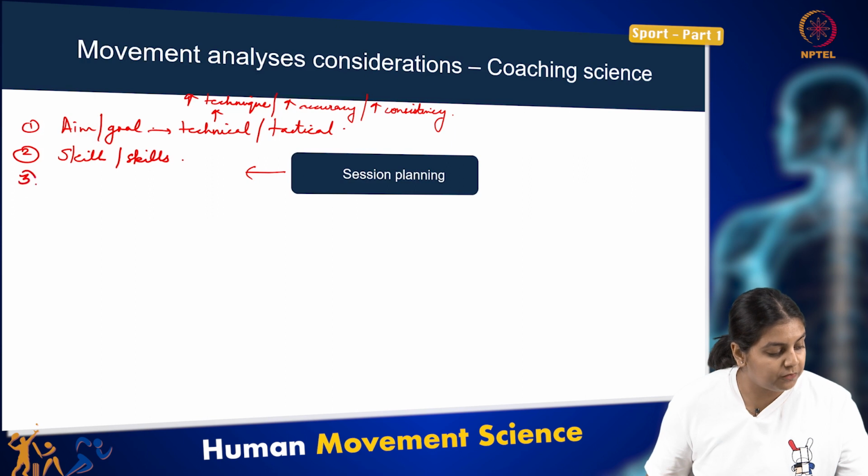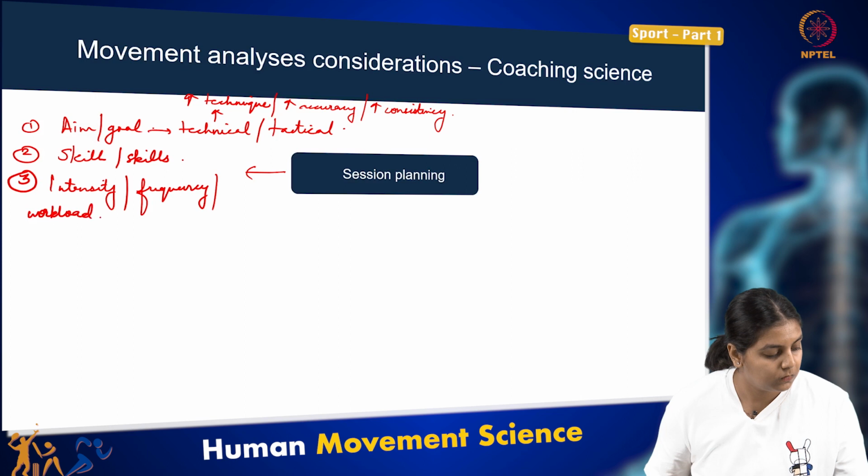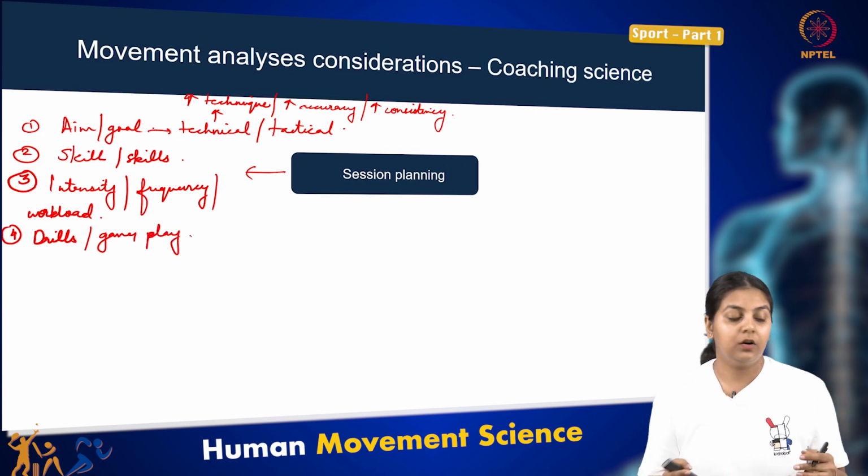Now that we've identified that, you also need to set the intensity, right? So you need to set the intensity, which is your frequency and your workload, quite important. So that's what you would design. For this, you would design your drills, or any gameplay, and you would do session planning accordingly.